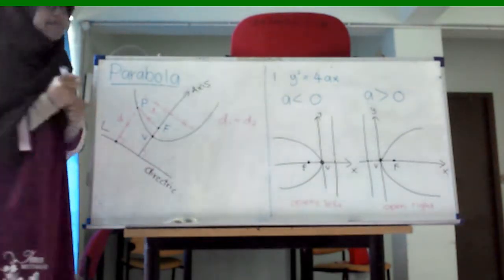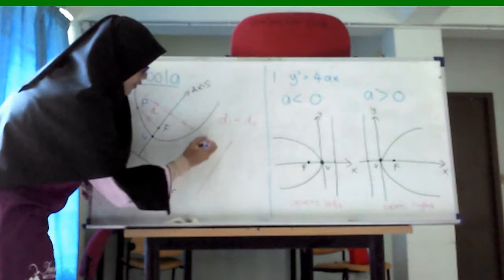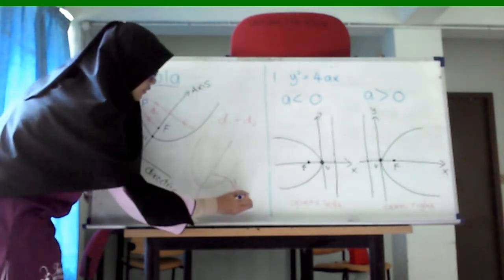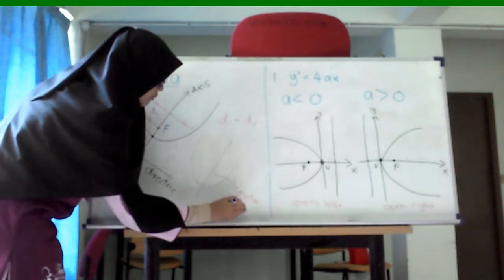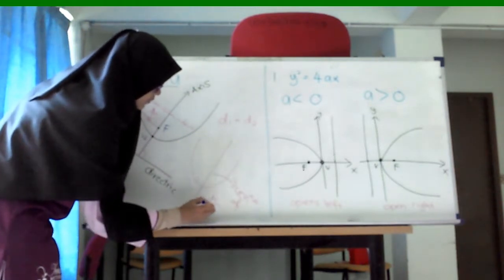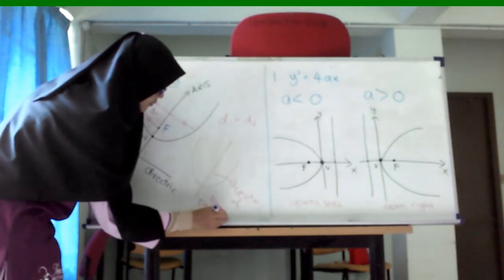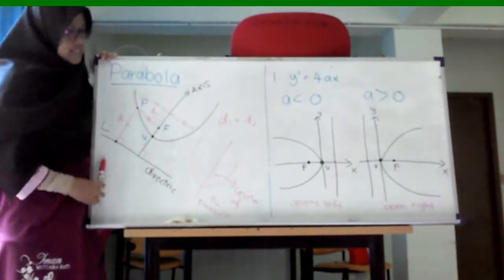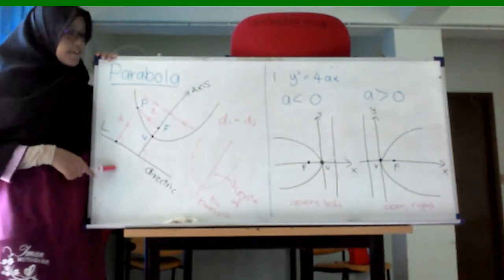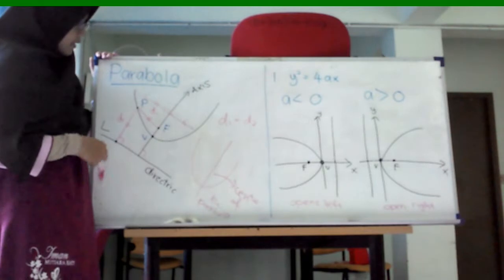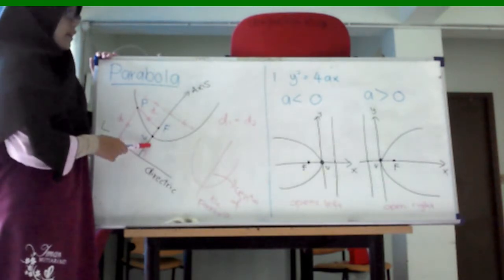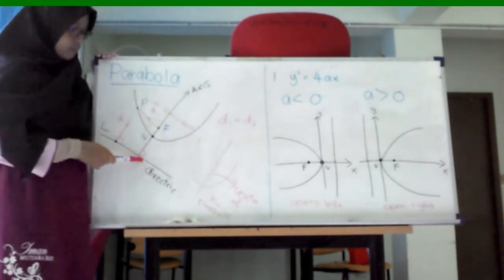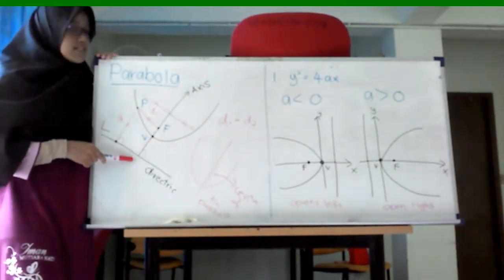And it means that F is at the center of the parabola. Based on this graph, we can see that the line that passes through the focus and is perpendicular to the directrix is called the axis.